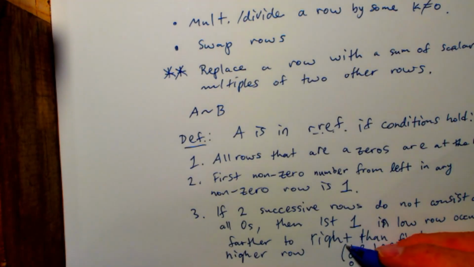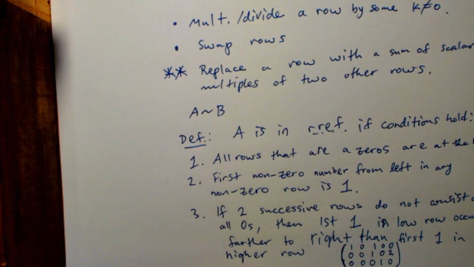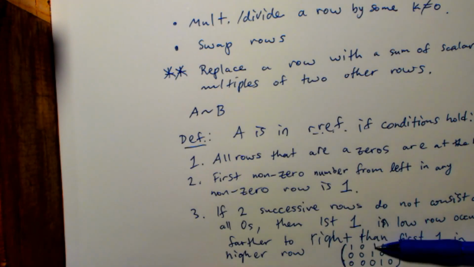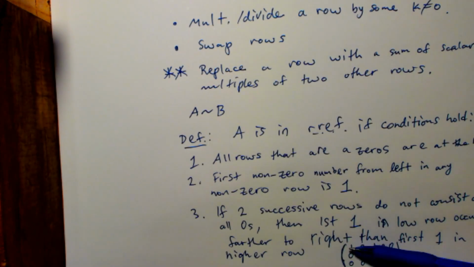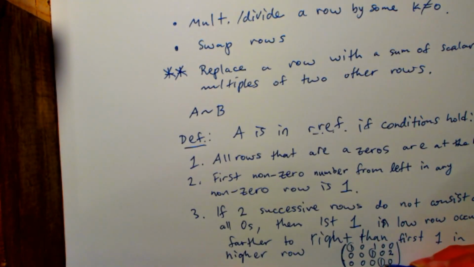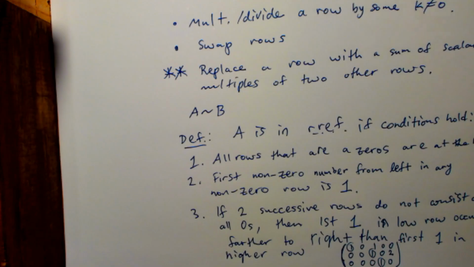Okay, so for example this satisfies that condition because our leading ones, okay, so these two don't consist of all zeros, then the first one left to right, which is here, this we call a pivot, it's farther to the right than this, and this is farther to the right than this. So that's what we're referring to there.